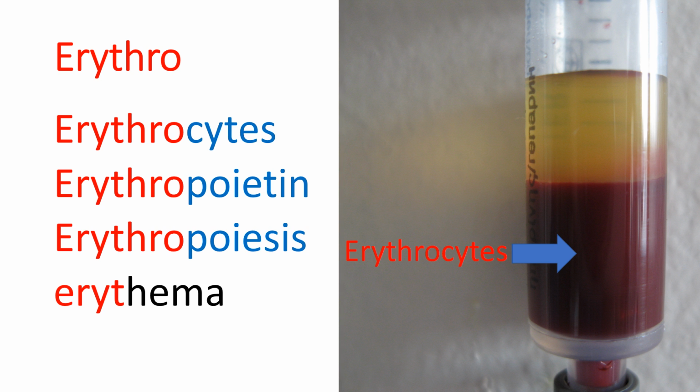Remember, erythropoiesis is the formation of the red cells in the bone marrow. And erythema just means a red area. That's not directly related to the blood, but I've put it in because it's another illustration of what we mean by erythro. And here we can see a partly spun sample with the plasma on top, the red cells, and a thin layer of the white cells, but I think we see that in the next slide. But the erythrocytes, as we can clearly see, are red.